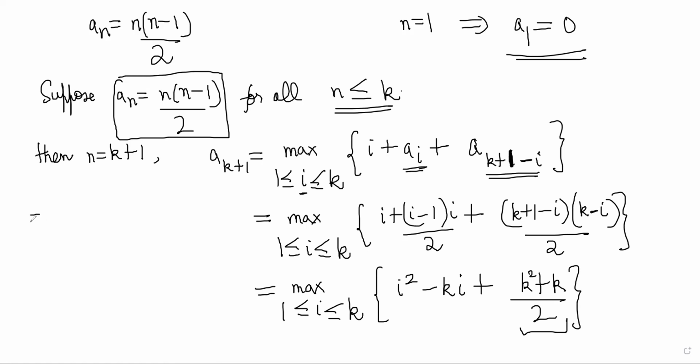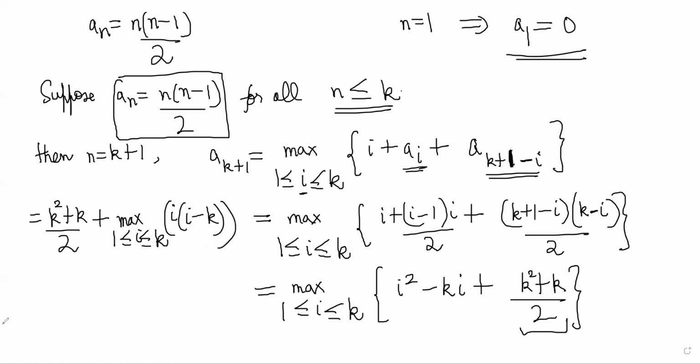So this will be equal to k square plus k by 2 plus maximum of 1 less than or equal to i less than or equal to k of i square minus ki, which is i into i minus k, right? Now think about this. i into i minus k will be negative if i is less than k and greater than 1, because i minus k will be negative, right?